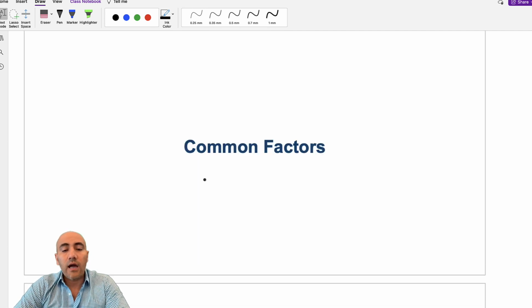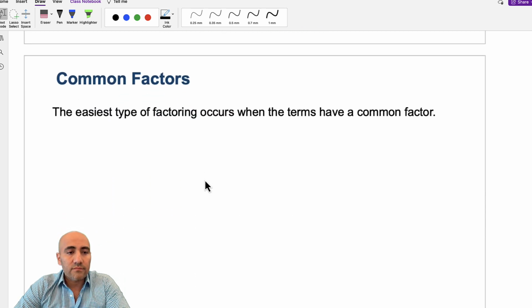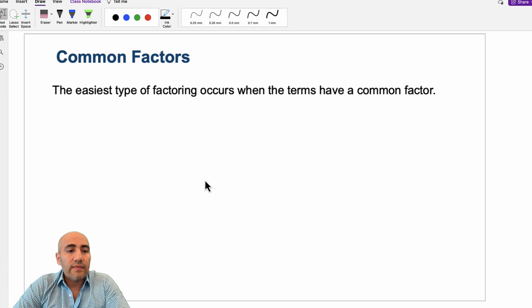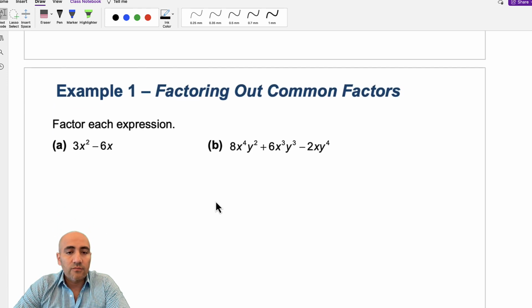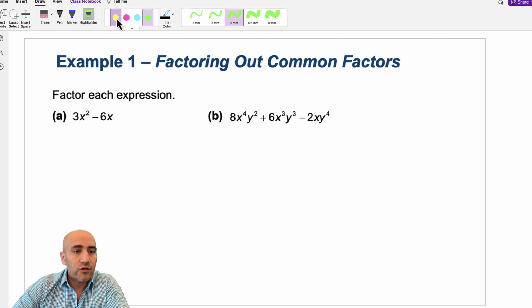All right, factoring common factors. This is the easiest one. The easiest type of factoring occurs when the terms have common factors. So for example, let's look at these two. For the first one, what we want to do is just identify the terms. So let's highlight the terms. There are 2 different terms here: this term here, 3x squared, and this term over here, 6x.